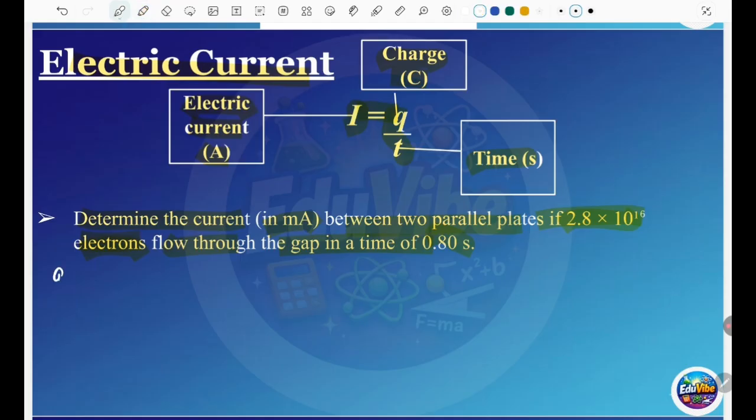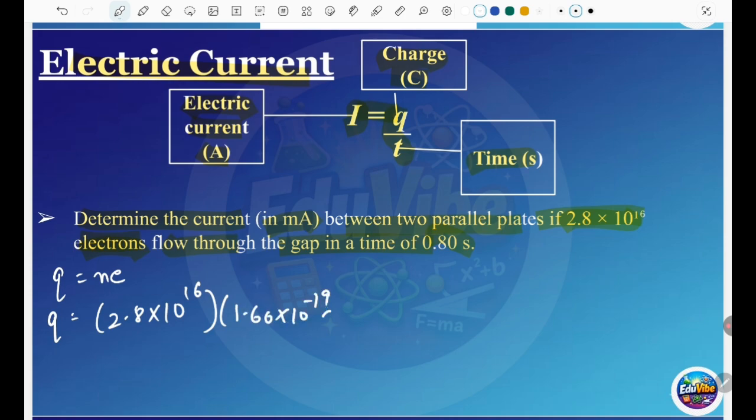For that, we know that Q is equal to N e, where N is 2.8 times 10 raised to power 16 electrons, and e is the elementary charge, which is 1.6 times 10 raised to minus 19 coulombs.